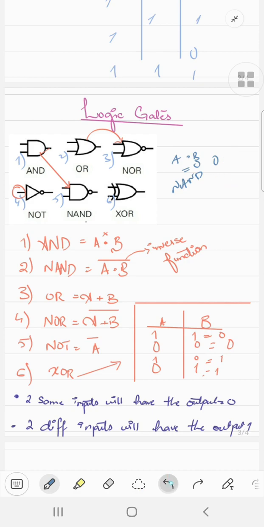Clear? Then the third gate that we have is the OR gate. In the OR gate, you have to add the two inputs A and B. In the NOR gate, you have to add the two inputs and then inverse the value that you received, similar to the NAND gate. In the NOT gate, you will simply inverse the input. For example, if you have the input 0, you will inverse it to 1.